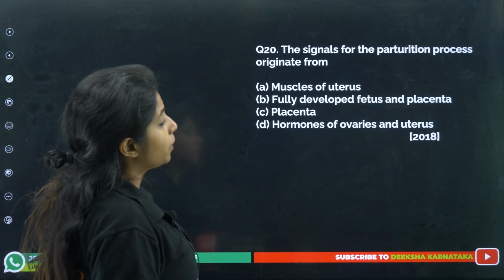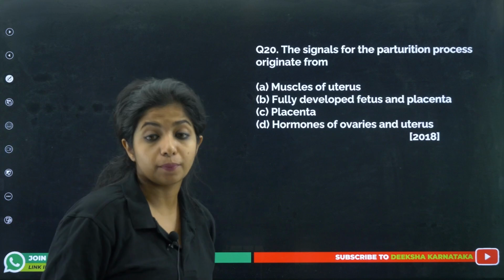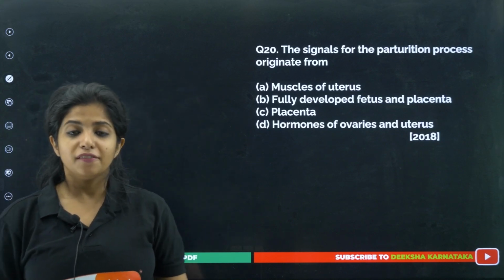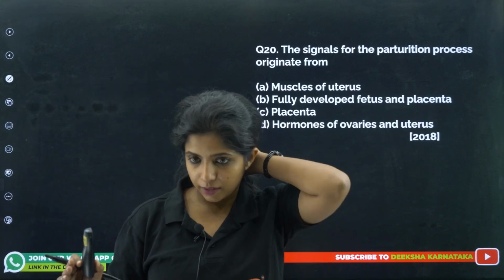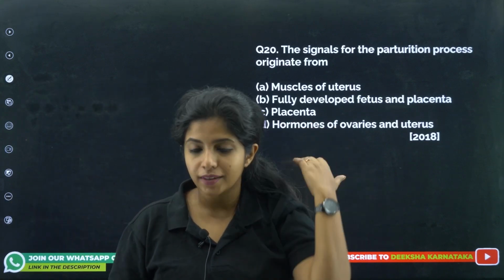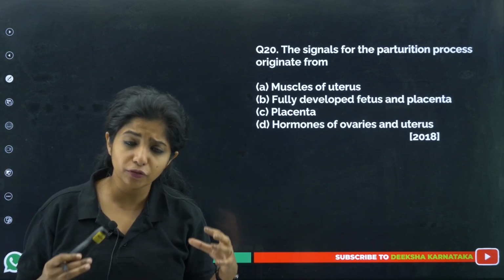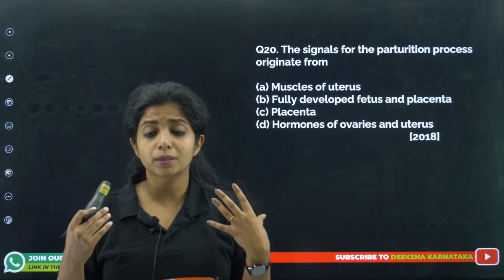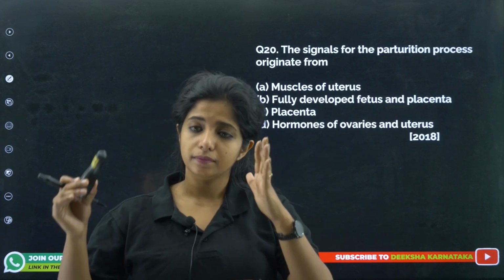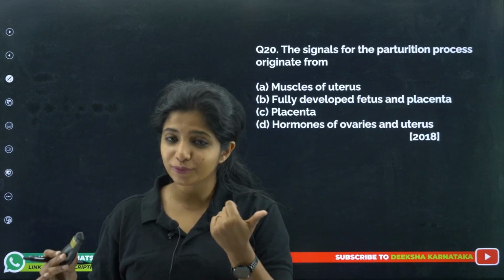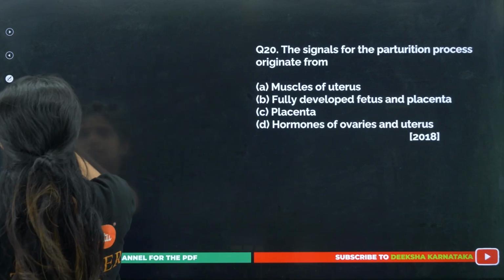Now 20th question. The signals for parturition process originates from, okay, the signal for parturition, that is finally the expulsion of the baby. Where does it come from? From the baby itself, from the fully grown fetus, as well as the placenta, this particular signal comes. How? Suppose this is the baby.